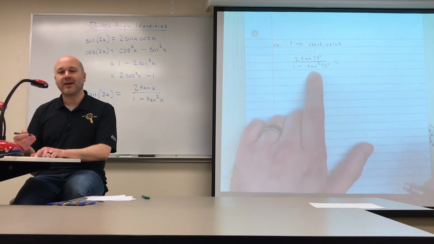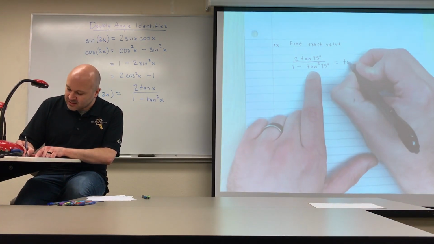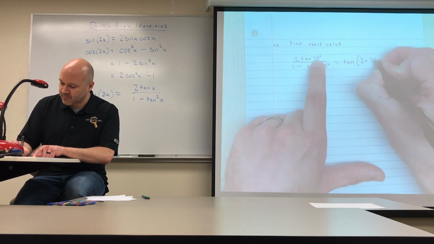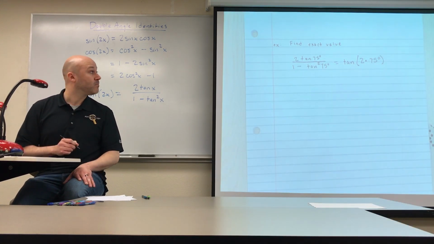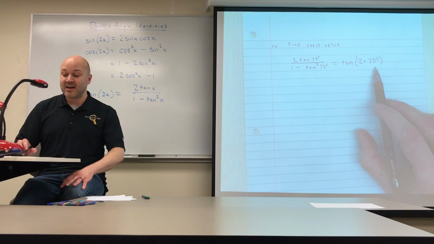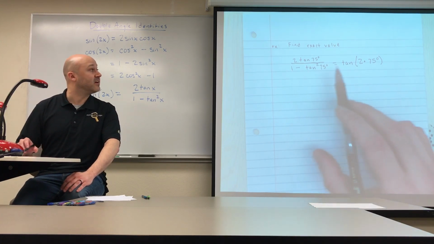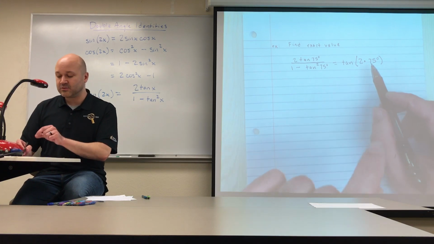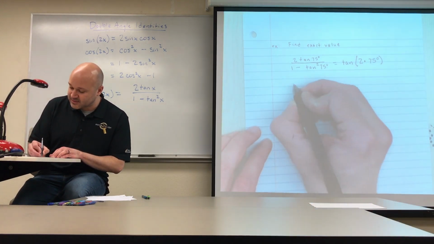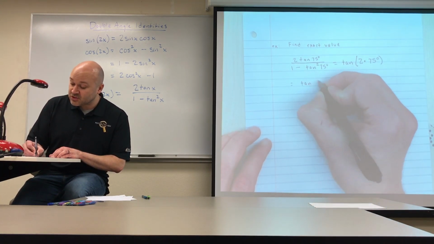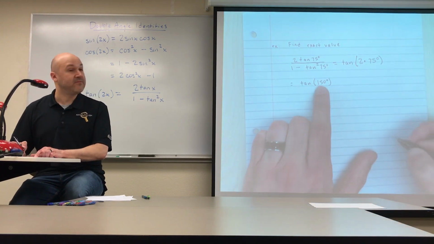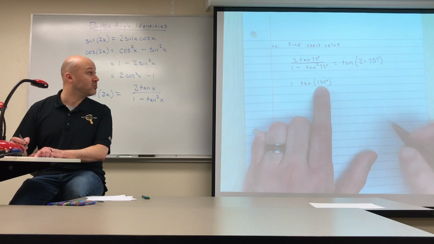So that means I can rewrite this as tangent's double angle. If I have 2 times 75, I can rewrite it as such. Okay, now I think I could do this. 2 times 75 degrees is just tangent of 150 degrees. 150 degrees is on our unit circle.